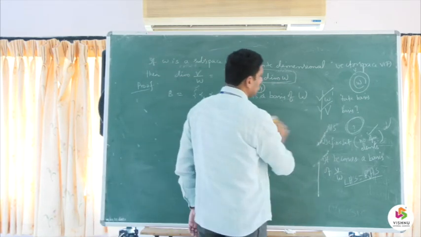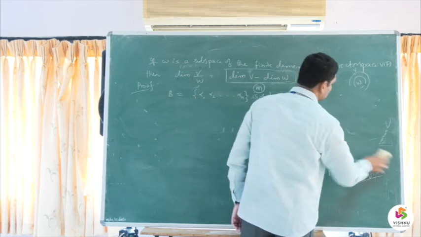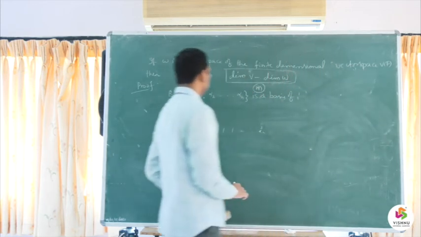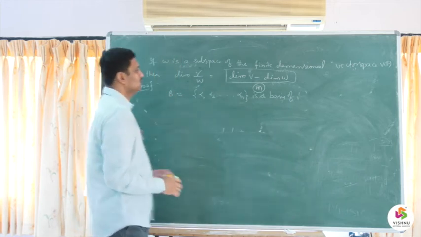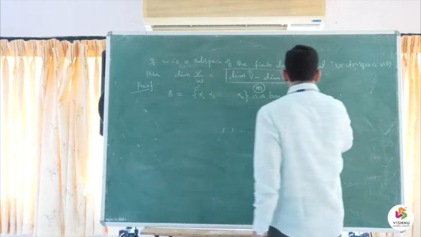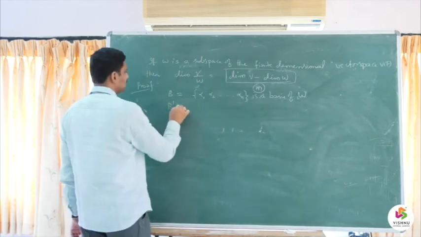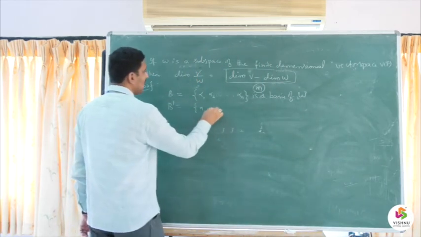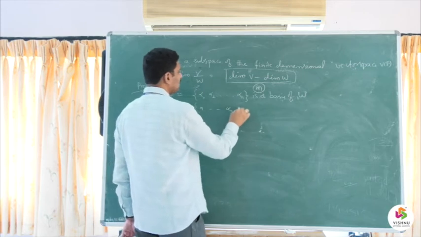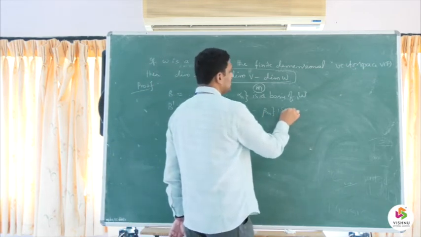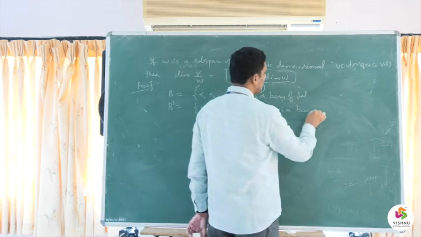So, let me write the counterparts of the notes we have done here. This is a basis of W that we have taken, and B dash is equal to alpha 1, alpha 2, so on alpha n, beta 1, so on beta m, which is a basis of V. These things we have considered.